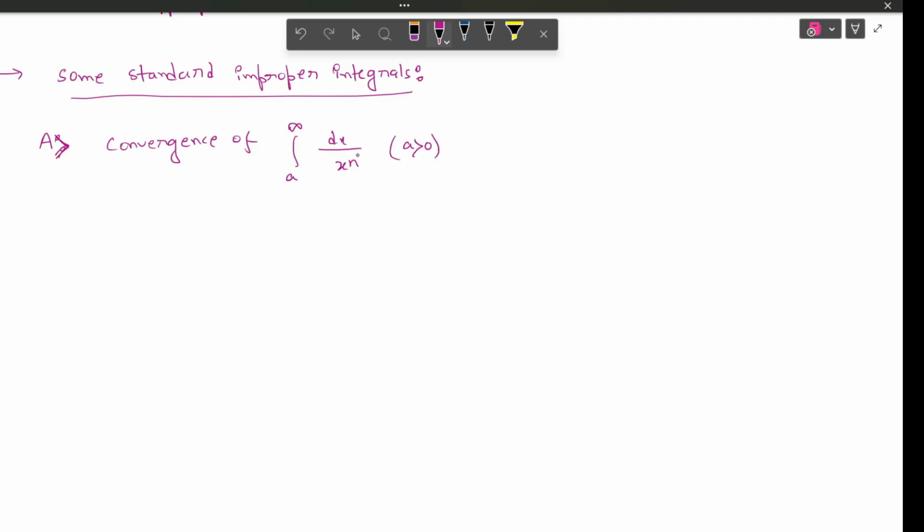Now clearly we can see that this integration is an improper integral of the first type, right? So you have to apply the first type method.